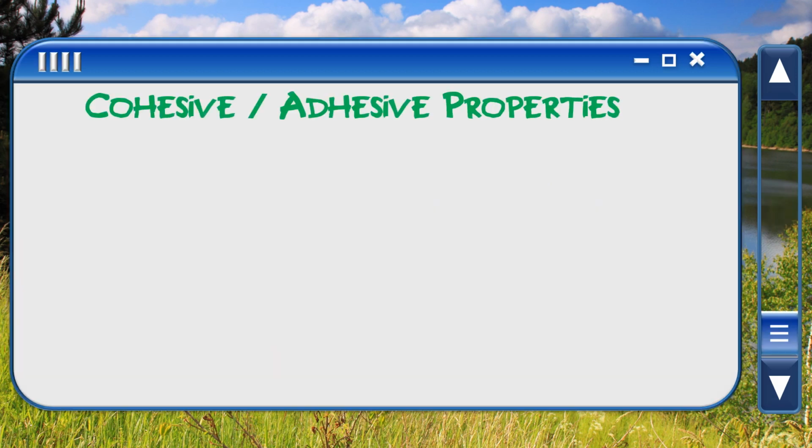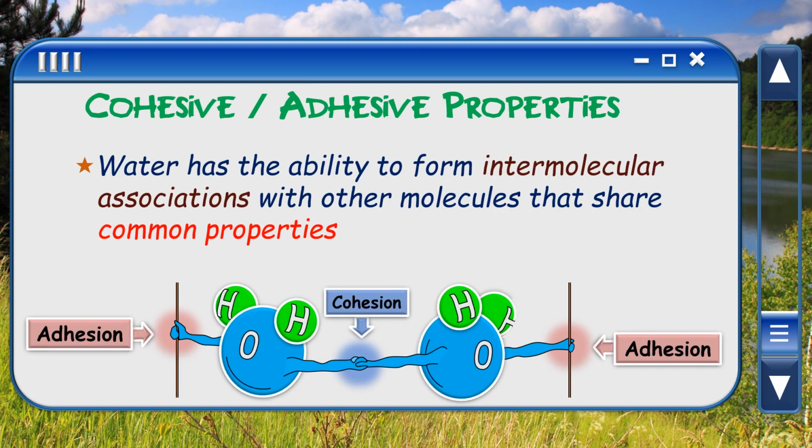Cohesive and adhesive properties. Water has the ability to form intermolecular associations with other molecules that share common properties. One of these intermolecular associations is the formation of hydrogen bonds with other molecules.